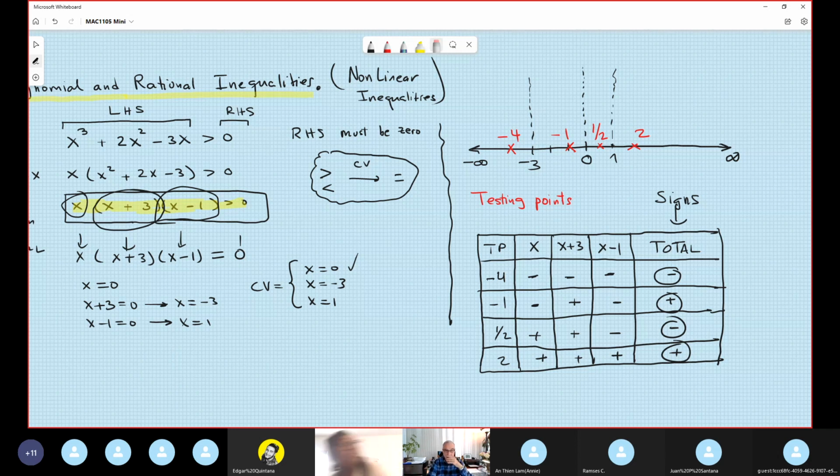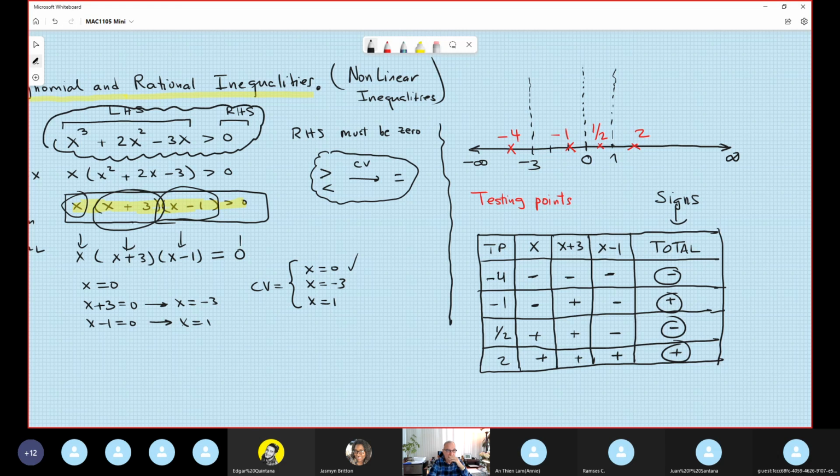Okay, the most important moment is, look, I come back to the beginning, to the original inequality. In the right-hand side, we have greater than 0. This is equivalent to saying our expression is positive.